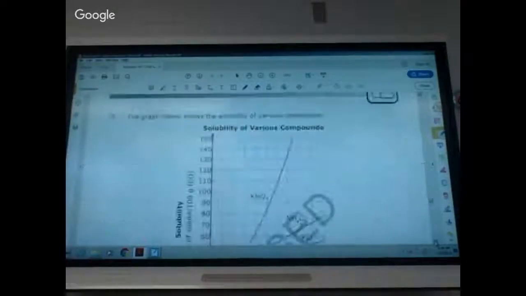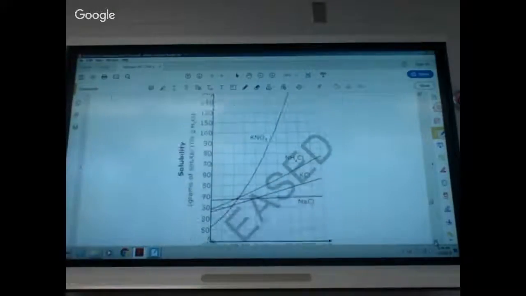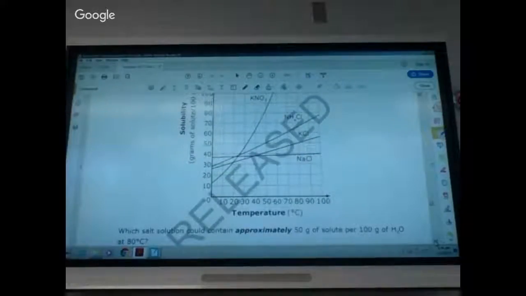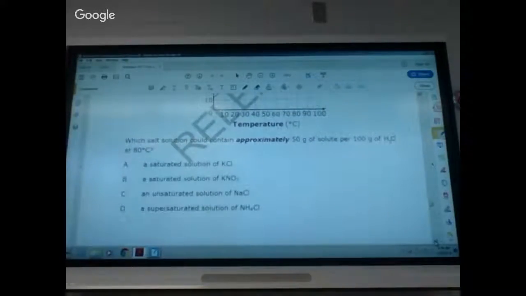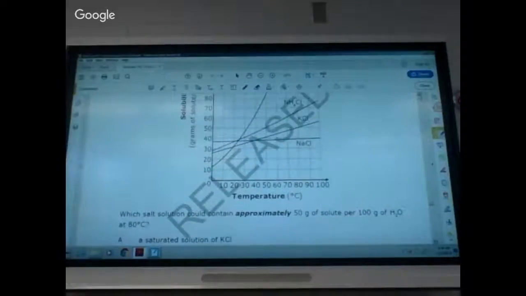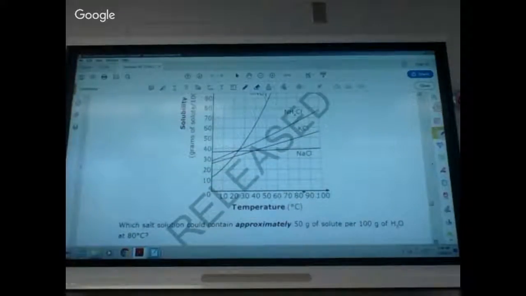All right, next one. Another solubility graph. I don't know why people must have got these right, because these couldn't have been hard. All right, which solution contains 50 grams at 80 degrees? And figure out what it is. 50 grams at 80 would be there.